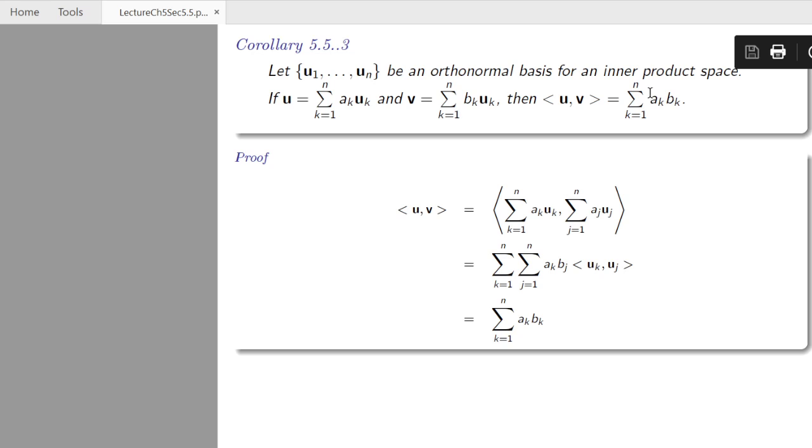Now from this we can say once we have an orthonormal basis, then taking the inner product is relatively easier. We just need to make the product like this.